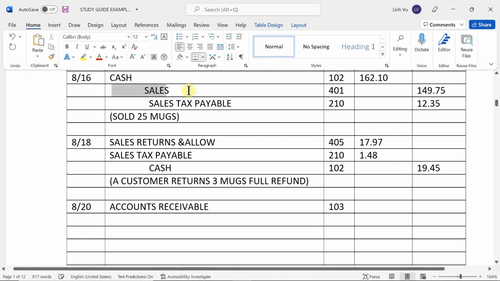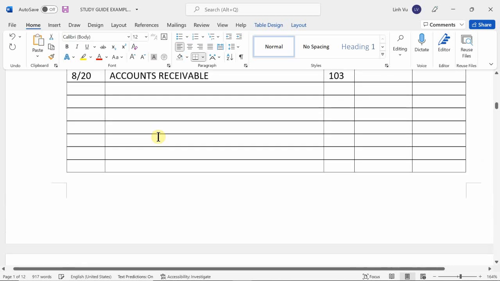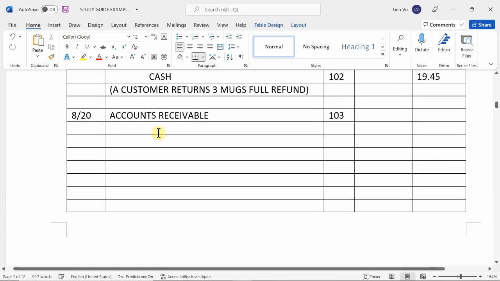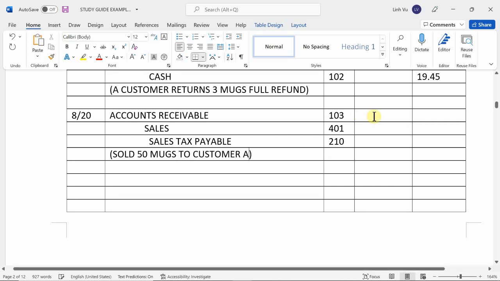So I can just copy this section right here. Okay. But this time I sold 50 mugs at $5.99 each. So in this case, I need to calculate how much I sold. So I sold 50 mugs, okay, to customer A. All right.